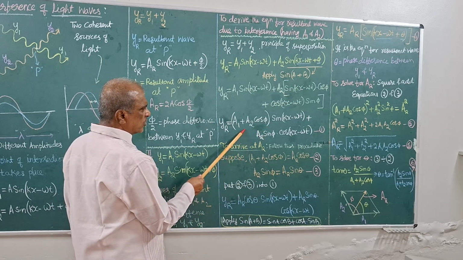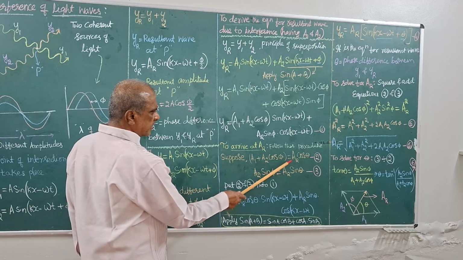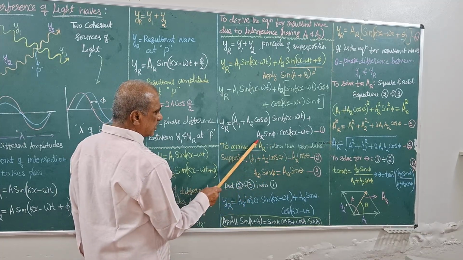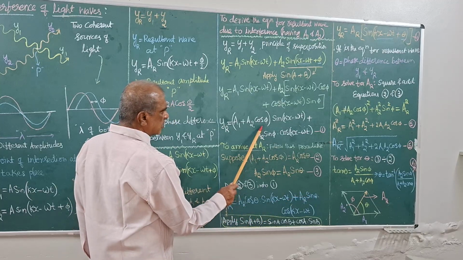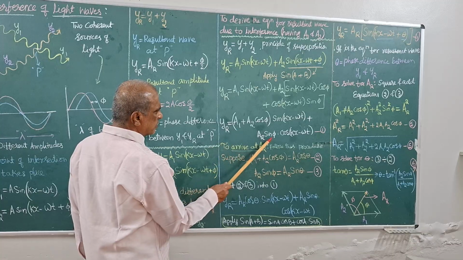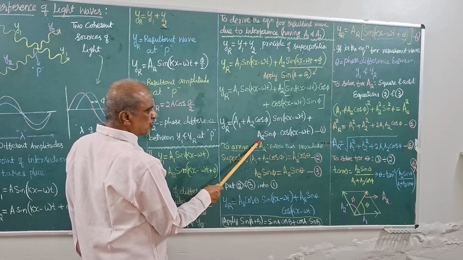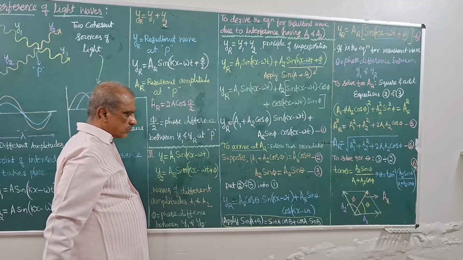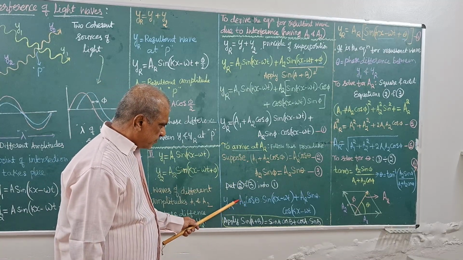When you put it into equation 1, this becomes AR cos theta and this becomes AR sin theta. After substitution into this equation, we get this equation.